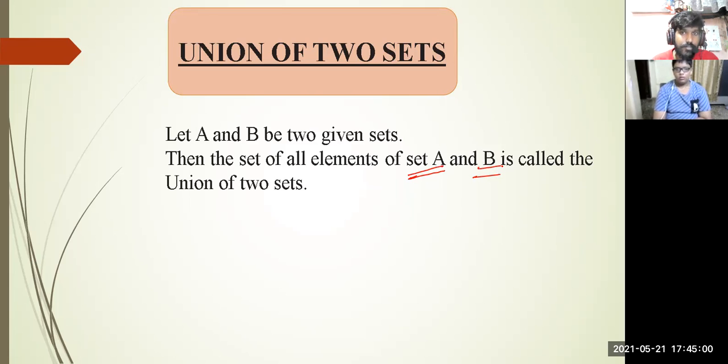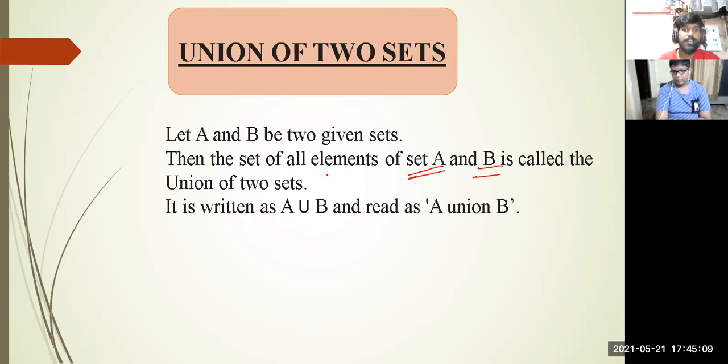Union is written as A ∪ B, and this is read as A union B. Is this clear? The meaning of union, how to write it, and the symbol?